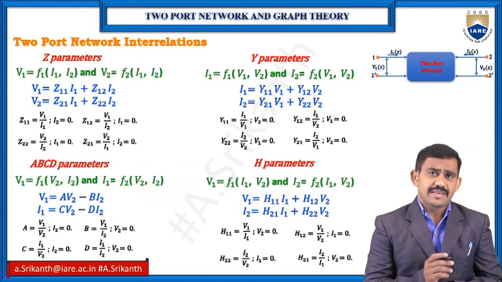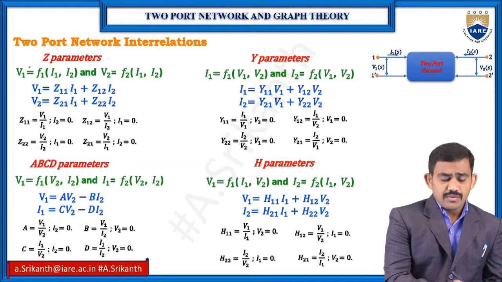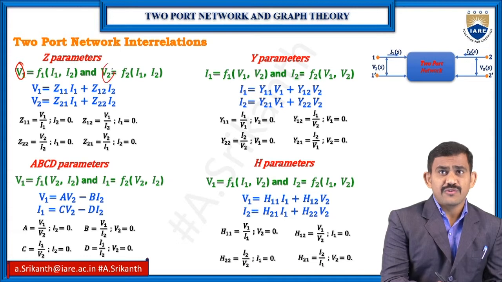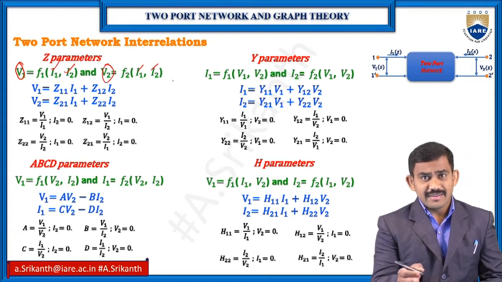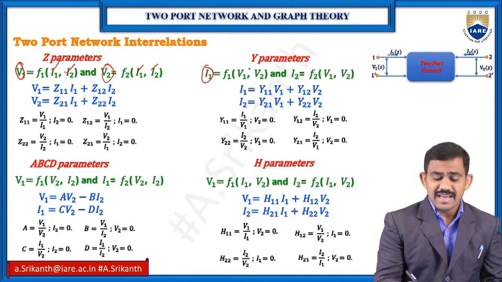Now coming to Z parameters, we have equations for V1 and V2 in terms of I1 and I2. Like admittance, Y parameters, currents I1 and I2 in terms of V1 and V2.